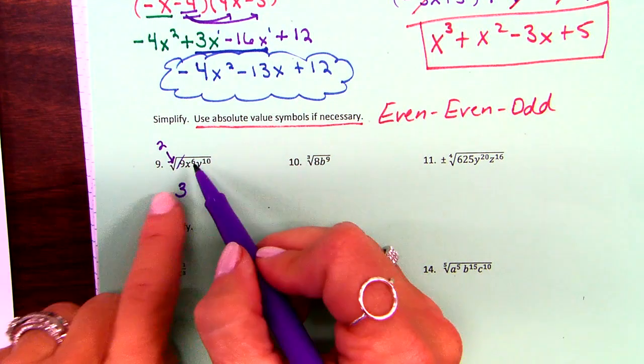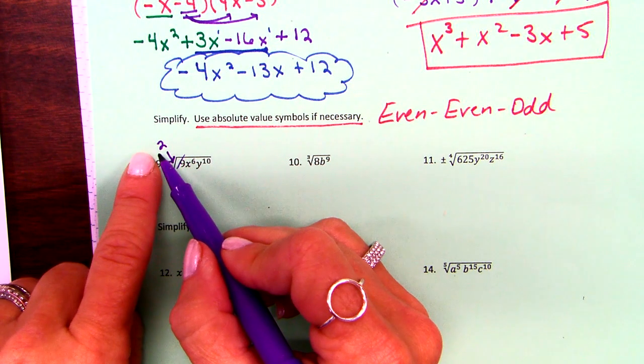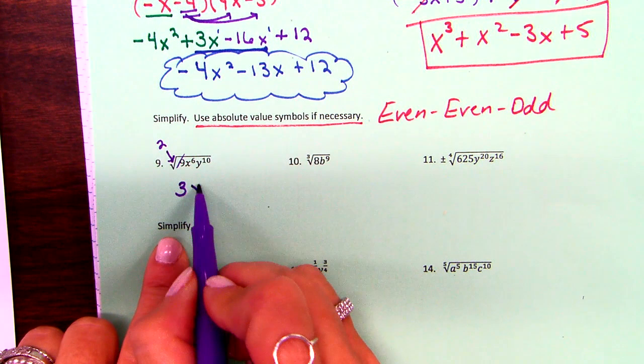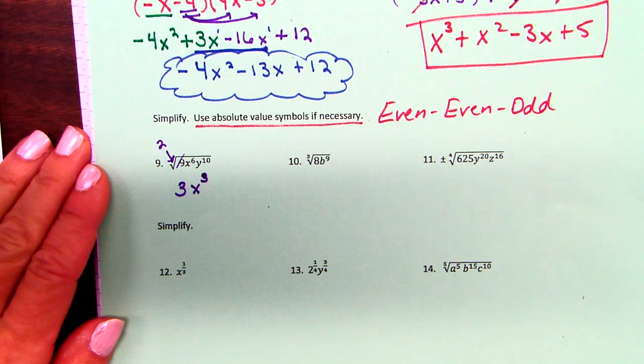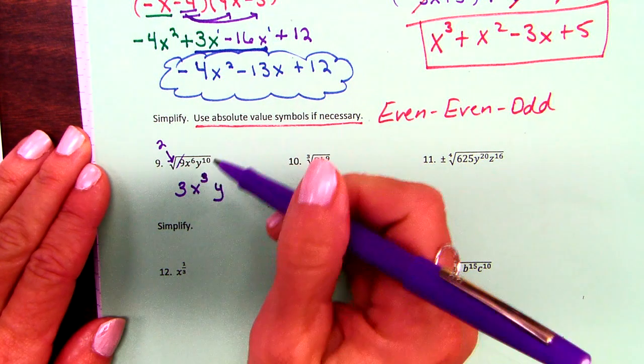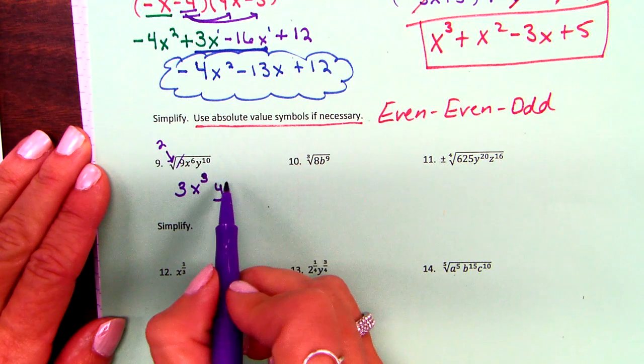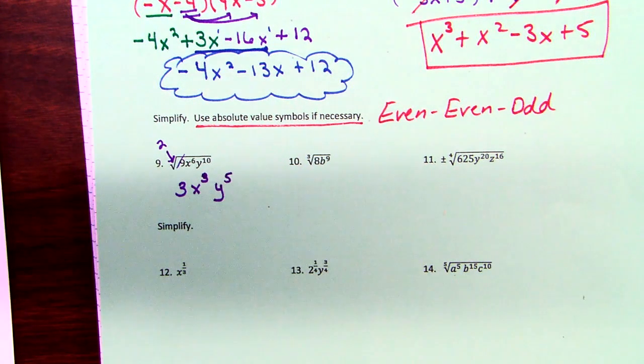And you just divide your power by that number. So that's x to the 6 divided by 2 is 3. Then we do the y. Y to the 10 divided by 2 is 5. No radical, right? They were all perfect squares, is what we said.